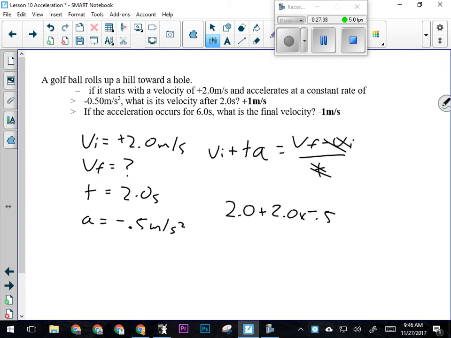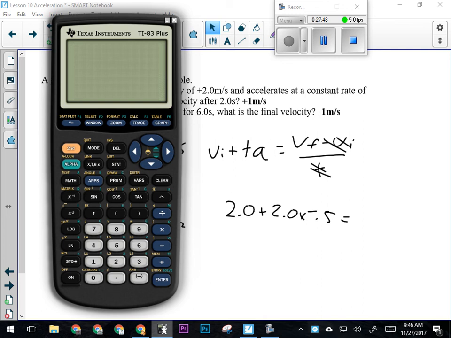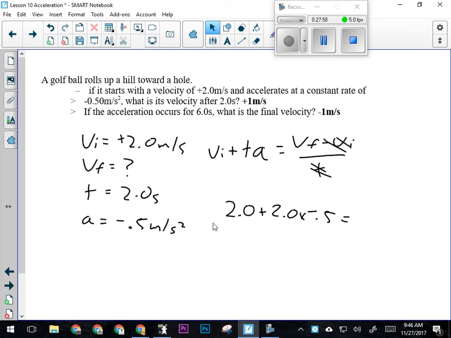So after 2 seconds, if you're losing half a meter per second, you're going to lose 1, right? So if we punch it in, we go 2 plus 2 times negative 0.5, we're going to get 1 meter per second uphill, right? Now, I did change that on the sheet. That now says uphill on the sheet instead of positive.